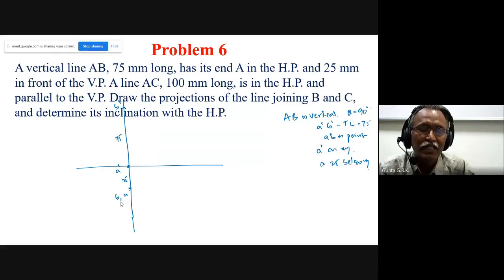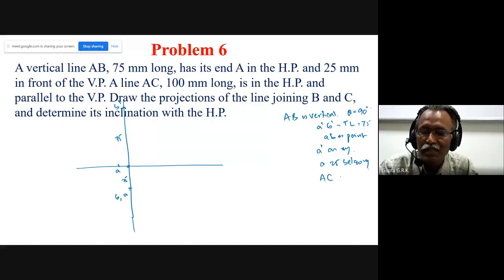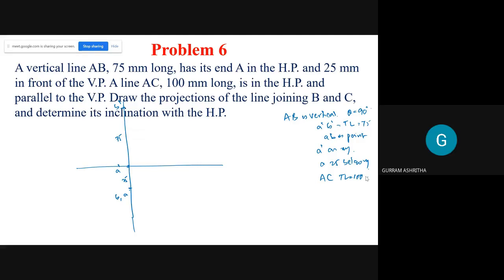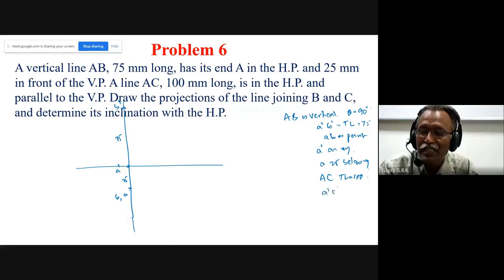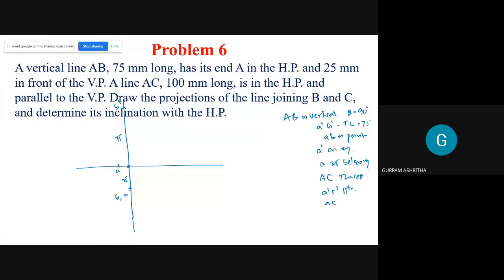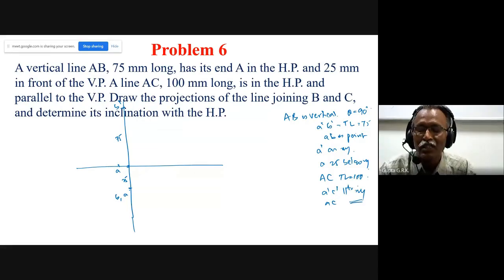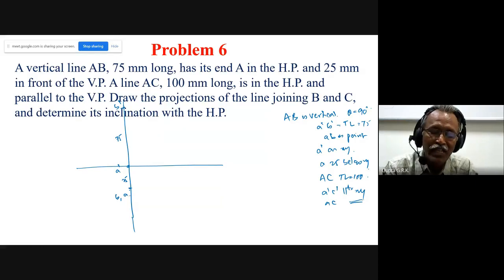Now a line AC, 100 mm long, so true length is 100 mm, is in the HP and parallel to the VP. Means it is parallel to both HP and VP. So A dash C dash and AC are both parallel to XY only, and its length is 100. So I know A and A dash.